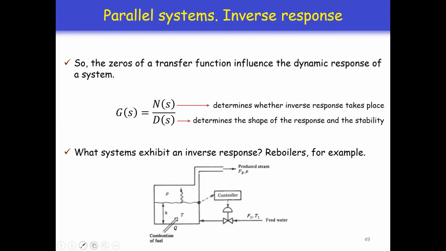If vapor bubbles disappear, the liquid will shrink instead of expanding. So for a few seconds, you will observe the level going down, even though you have fed more water to the system.